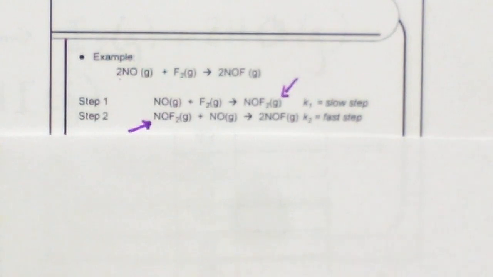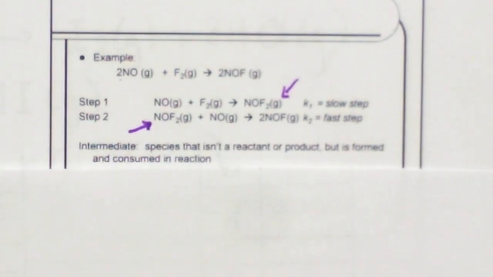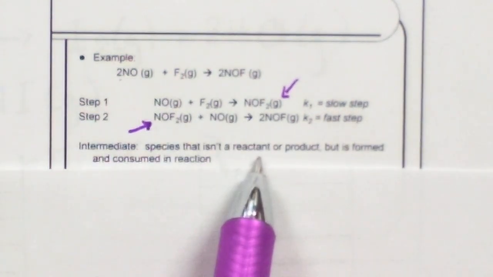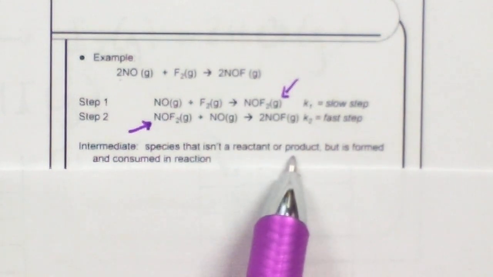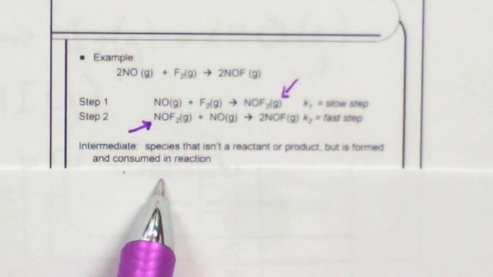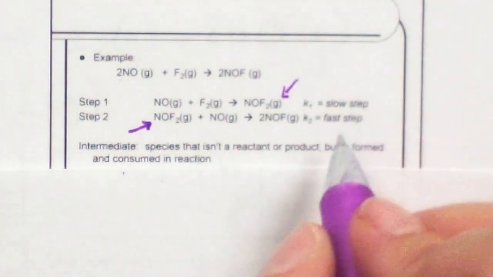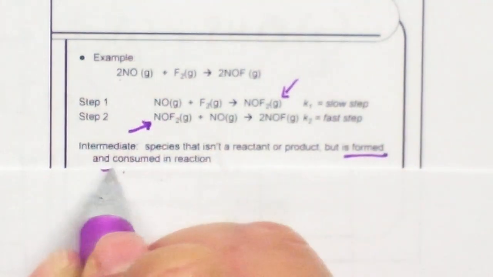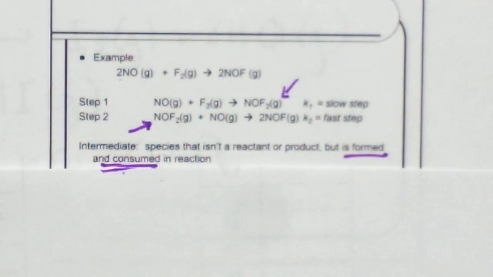So that defines it as an intermediate. It isn't a reactant or a product. It's formed and then consumed in the reaction. So that's really important. It's formed and then consumed. It's not added in. A catalyst would be added in and then come out as a product. This one is formed in the reaction and then is consumed in the reaction. Okay?